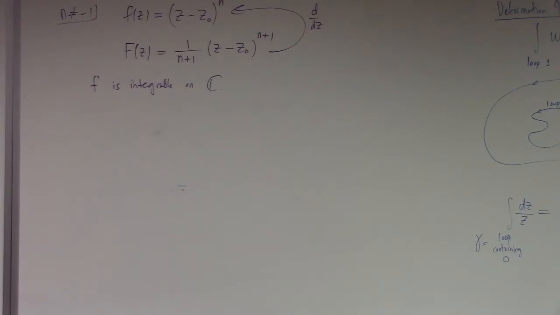So if I have an integral along a path of that function, I can just use FTC part 2 and evaluate the antiderivative at the endpoints. The subtle point here is that when there's a singularity of the function inside the loop you're integrating around, it may be that it doesn't integrate to 0.